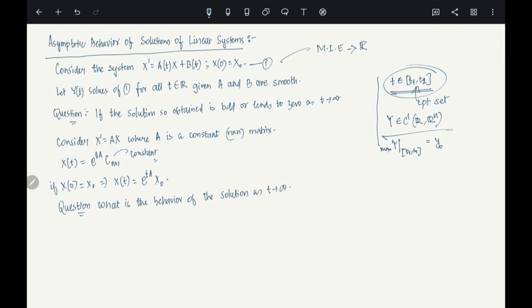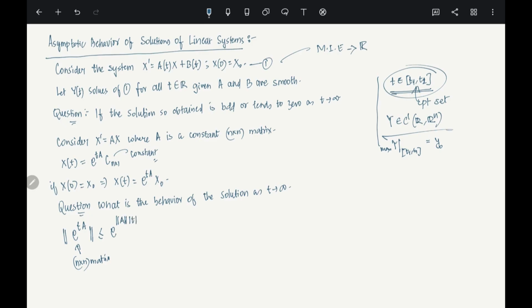First of all, let's understand e^{tA}. This is an n cross n matrix, dependent on t, but for a fixed t it is an n cross n matrix. Now let's look at the norm of e^{tA}. If you remember, it is always dominated by e^{norm of A times mod t}.